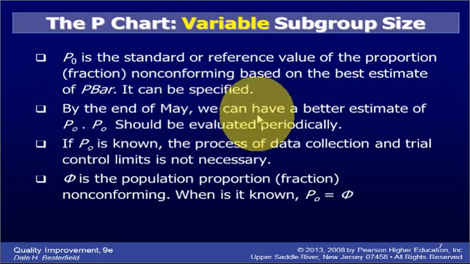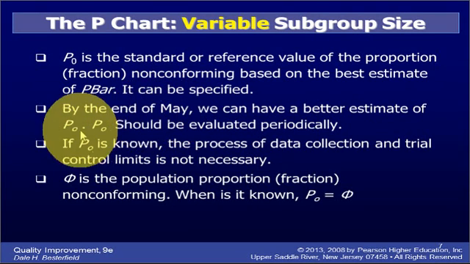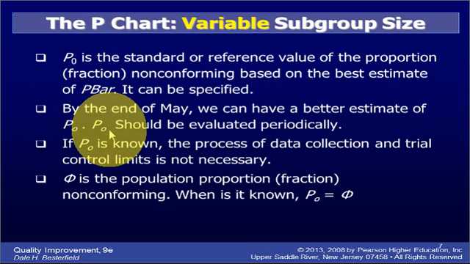When we have an additional month of data, by the end of May, we can update this p0, and this will become a more accurate estimate of the p0. So the p-bar updated by the end of May will be a better estimate of p0.